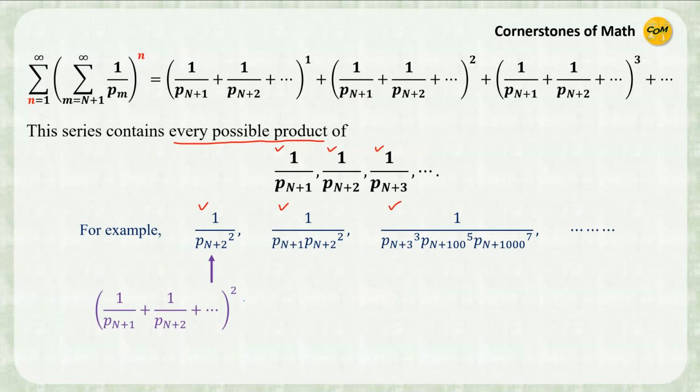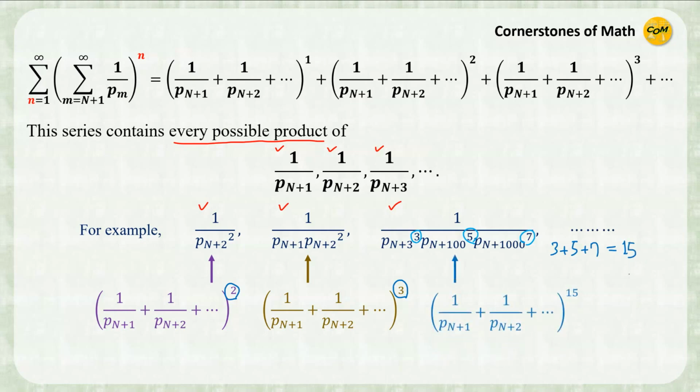Here, the first example comes from the expansion of the term with second power. The second example comes from the term with the third power. And as for the third example, since 3 plus 5 plus 7 is equal to 15, it comes from the term with 15th power.